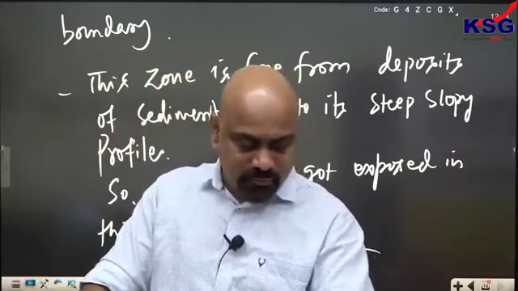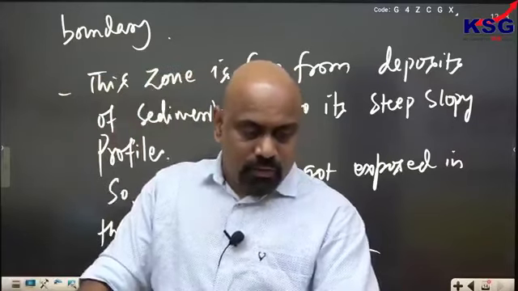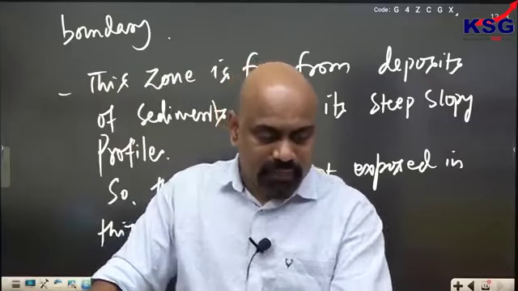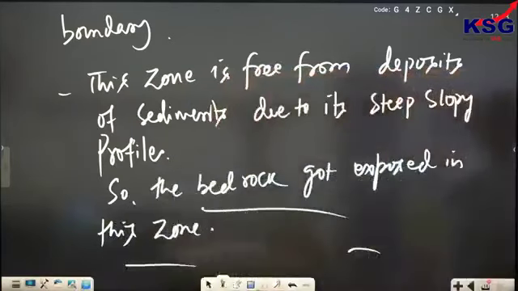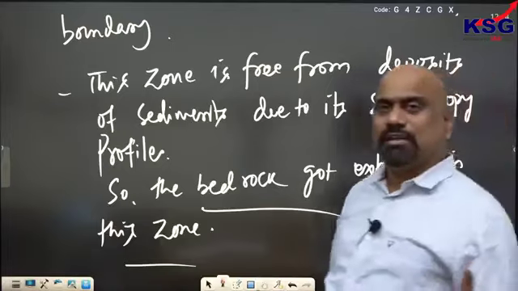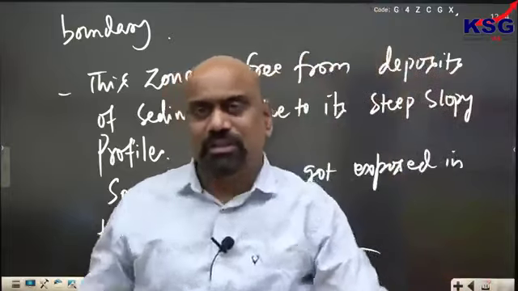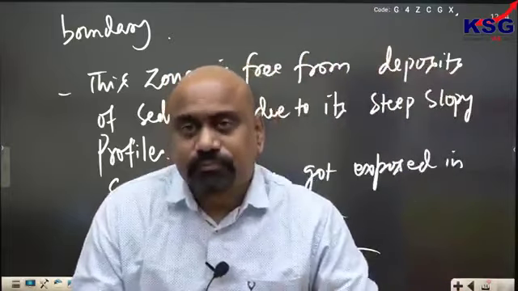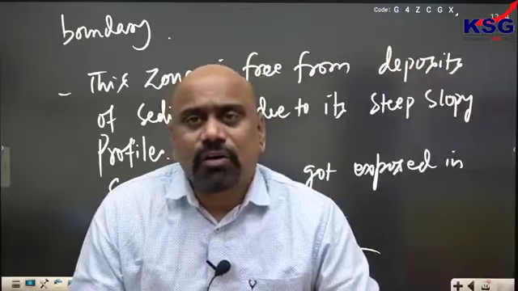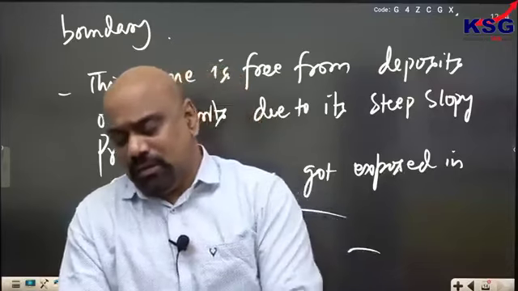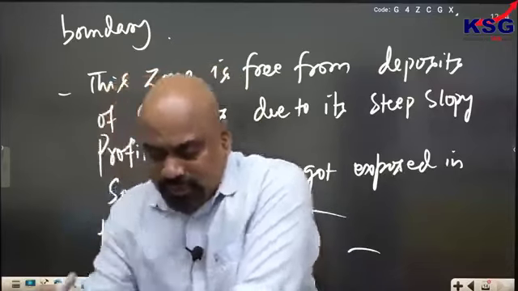ठीक है शुभम. Okay, as I just have mentioned, मैंने आपको बताया कि भाई continental shelf होता क्यों है. Continental shelf is developed because of what? Continental shelf developed due to the submergence of the continental part. On the contrary, continental slope is a steep slopy profile.